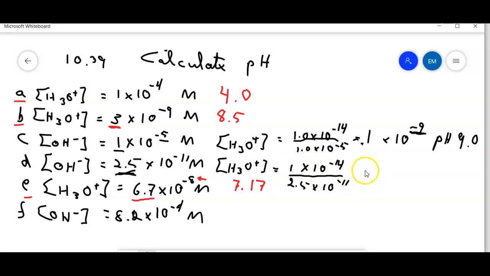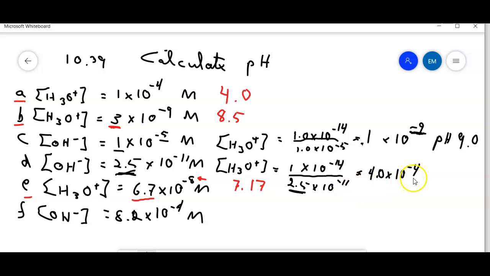So when we do that calculation, you get 4 times 10 to the minus 4th. Actually, it'll be 4.0 times 10 to the minus 4th.